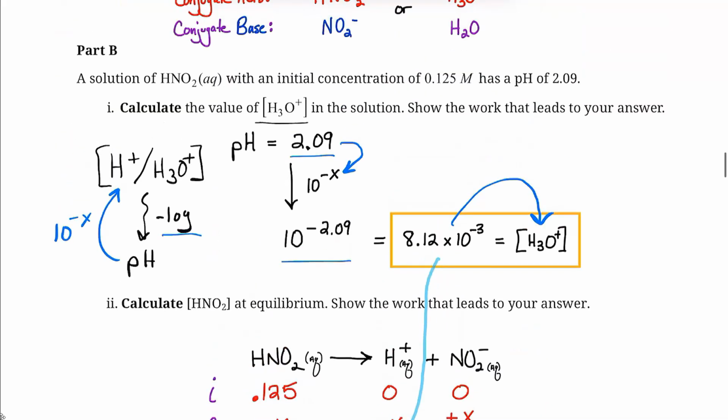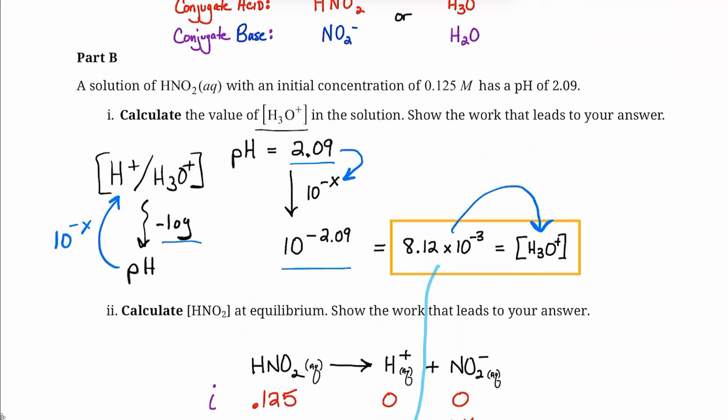So how do I identify that in part B? They said in part B, I should say, a solution of HNO2 has an initial concentration. Now, it's sitting in water. I always call this a 0.1 question. I think that every acid and base question can be related back to a titration curve. So to me, this is the 0.1.